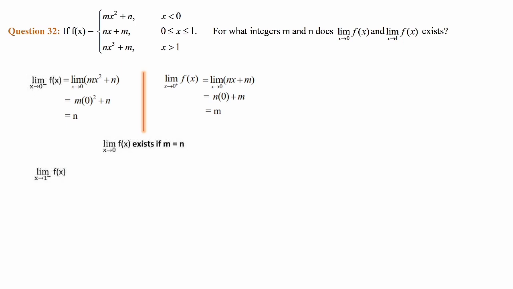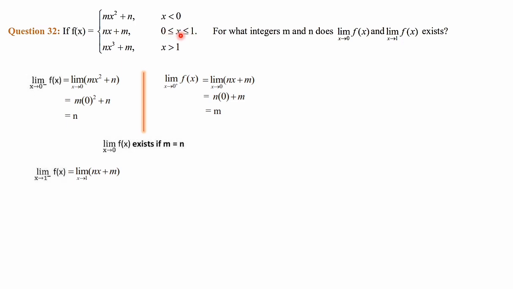Then the second one is limit x tends to 1 of f of x. As before, we have to go with the left hand limit. Limit x tends to 1 minus of f of x means we have to go with the left hand side of 1. Left of 1 means here 0 less than or equal to x less than or equal to 1. 0 to 1 is the domain, including 0 and 1.